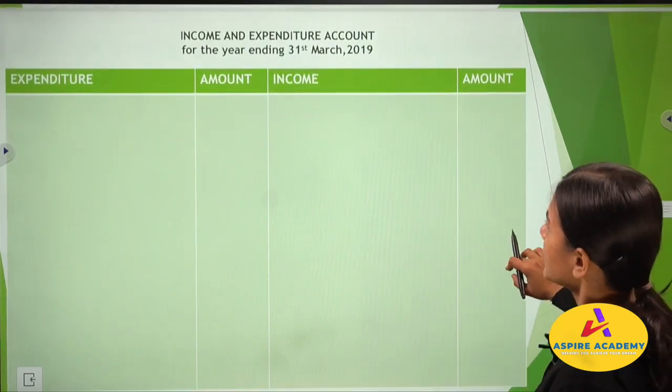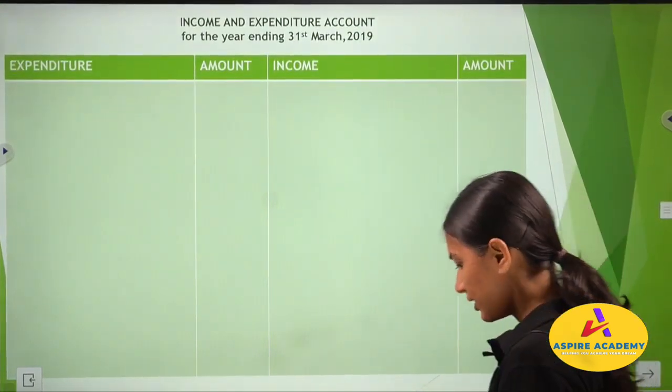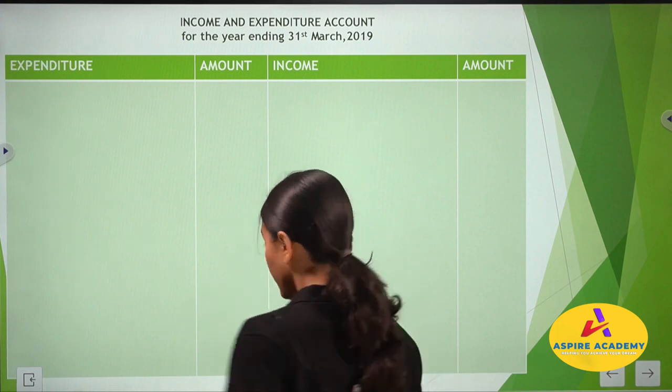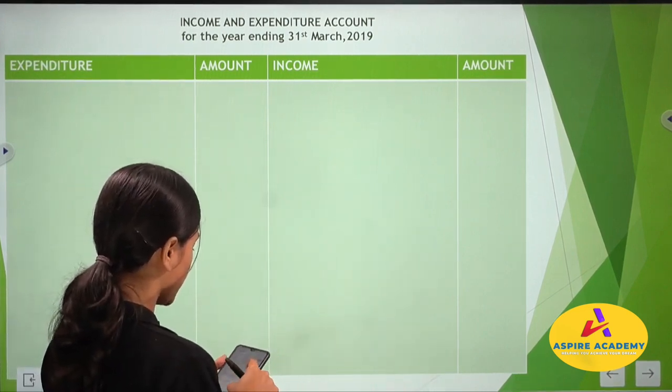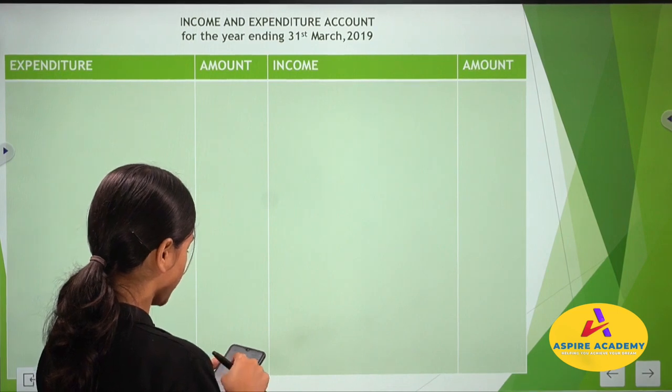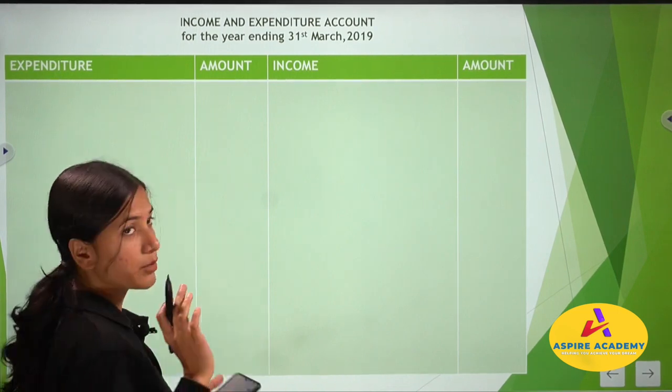Income and expenditure account for the year ending 31st March 2019. The first item we have on our receipt side is subscriptions.